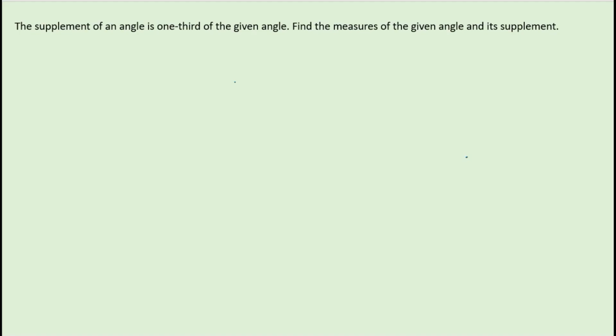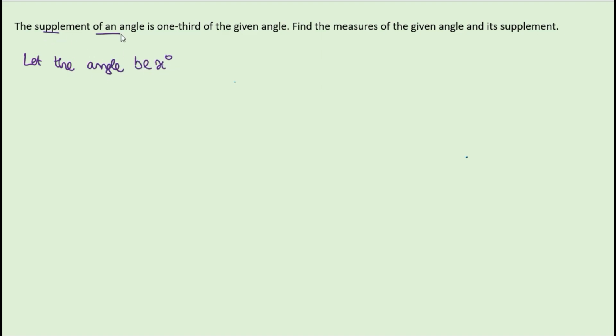The next sum is, the supplement of an angle is 1/3 of the given angle. Find the measurement of the given angle and its supplement. So let the angle be x degree.